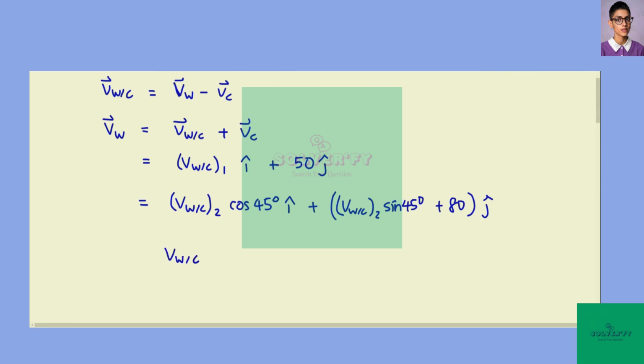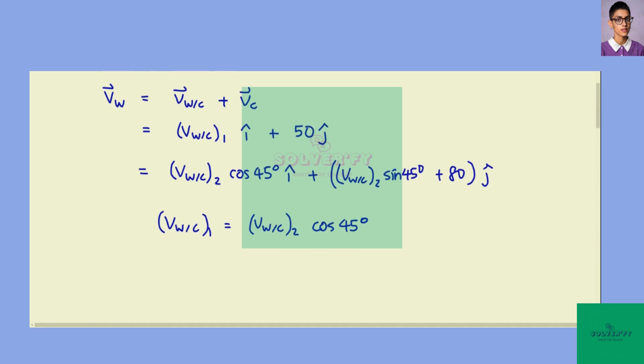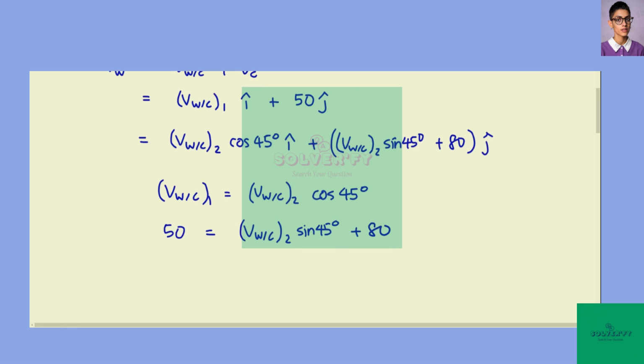V_W/C1 is equal to V_W/C2 cosine 45 degrees, and 50 is equal to V_W/C2 sine 45 degrees plus 80.